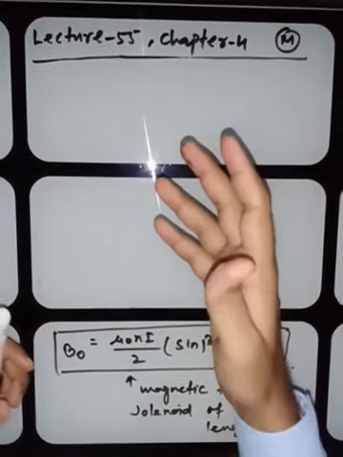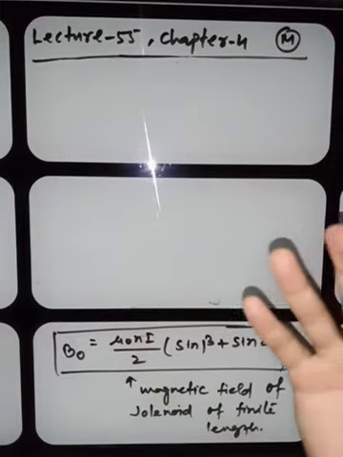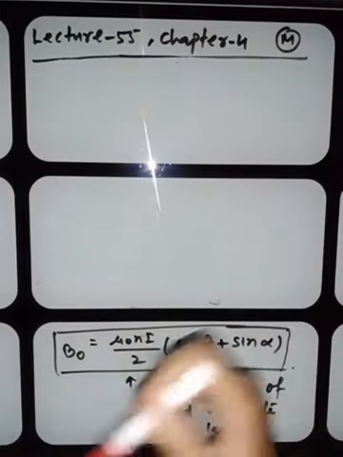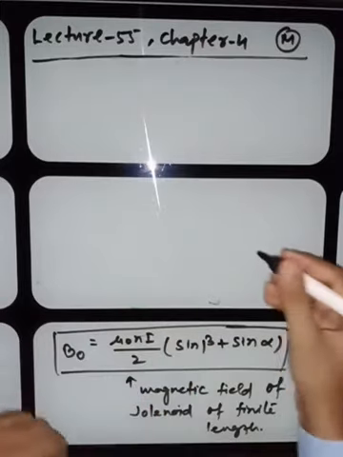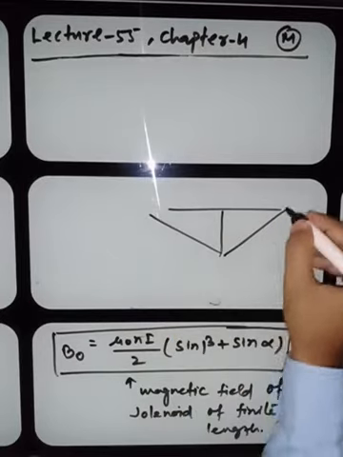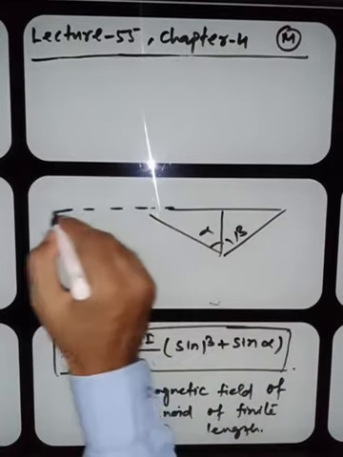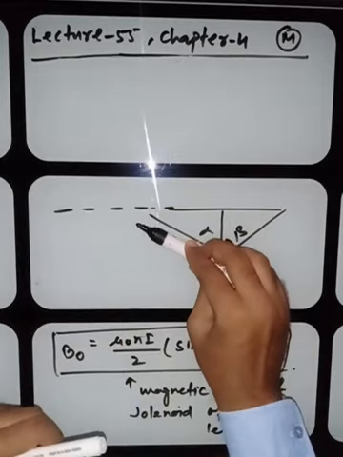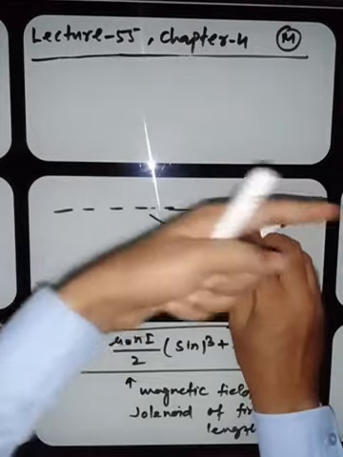If we talk about the magnetic field for an infinitely long solenoid, what will be the magnetic field? If the solenoid is infinitely long, we have this type of solenoid. This was the angle alpha and this is the beta. If it is infinitely long, this angle will increase and increase, and this angle will also increase as it goes to infinity.